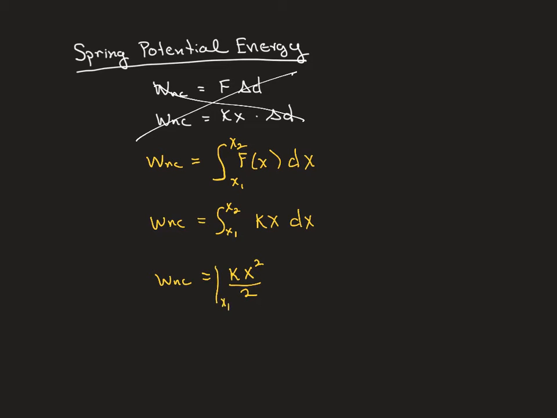We need to evaluate from X1 to X2. So work non-conservative is going to equal 1/2 K X final squared minus 1/2 K X initial squared. So that means we can define spring potential energy is equal to 1/2 K X squared.